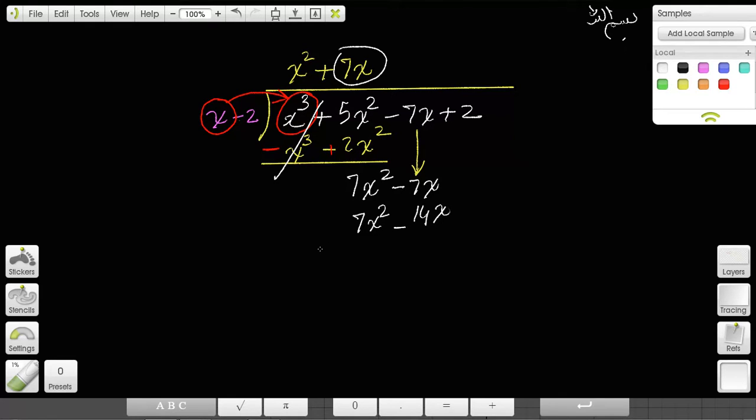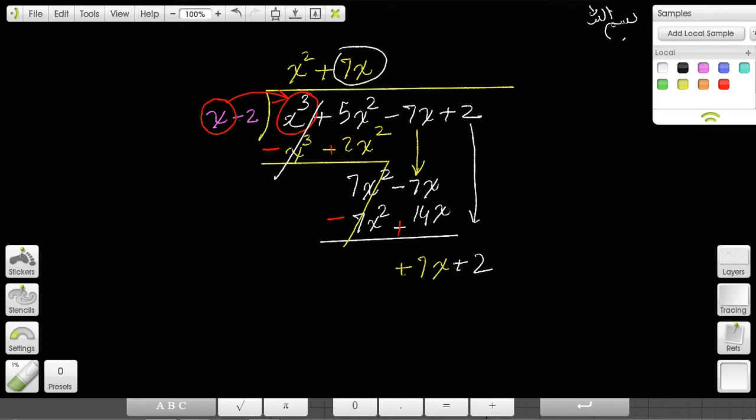And you remember again, you're subtracting, so you change the signs. Those cancel out, and you get positive 7x over here. Then you bring this 2 down, plus 2.